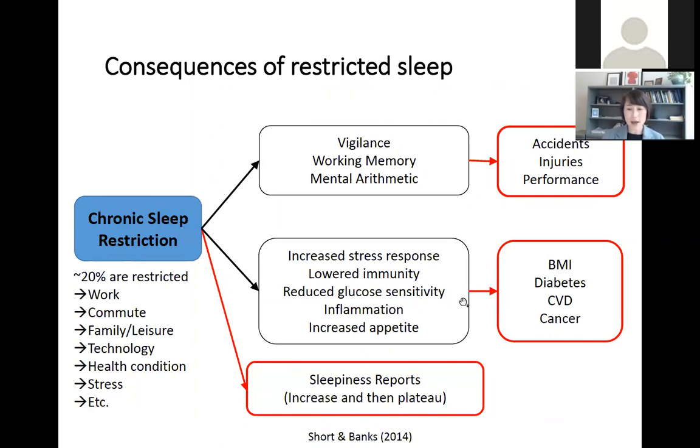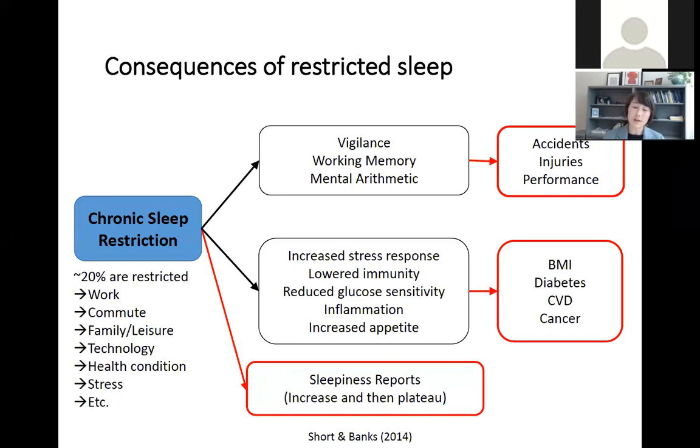And so that's the top path. The middle path here, let's focus on that next. What's important is, in addition to these neurobehavioral decrements, chronic sleep restriction also results in an increased risk for chronic health issues.